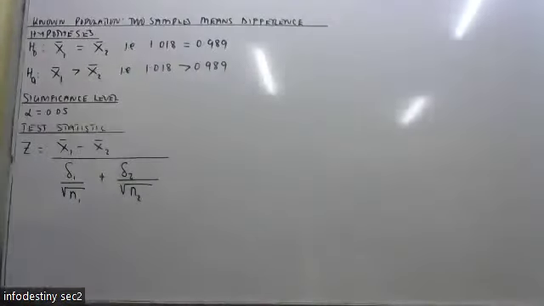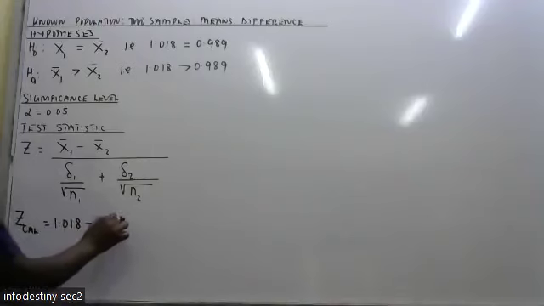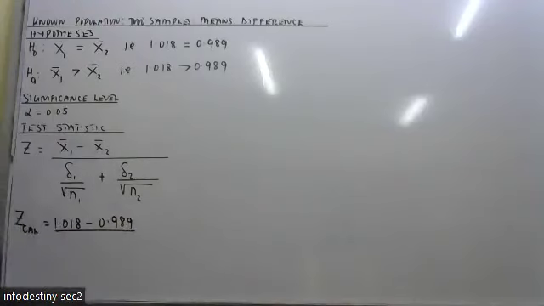Okay, so where were we? So the formula you have written. If the formula is written, Z calculated is 1.018 minus 0.989.